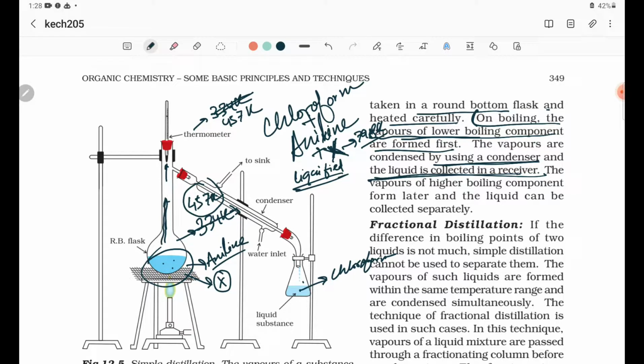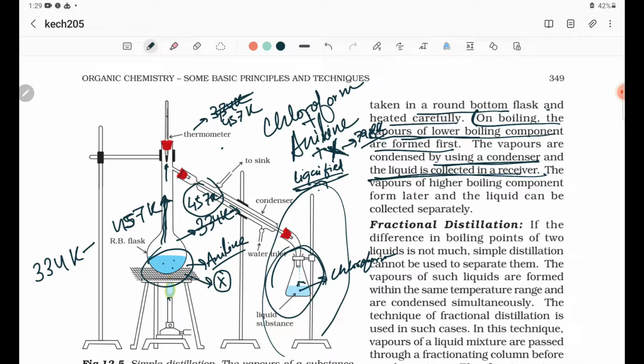So now again vapors are coming out. Now I have changed the receiver. You need to put another receiver. Before that, it takes time to reach from 334 to 457, and during this time you can stop the burner and change the receiver.